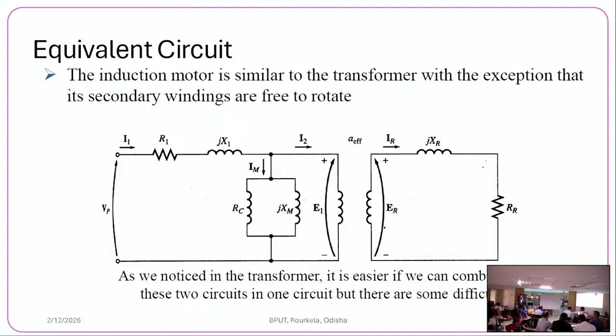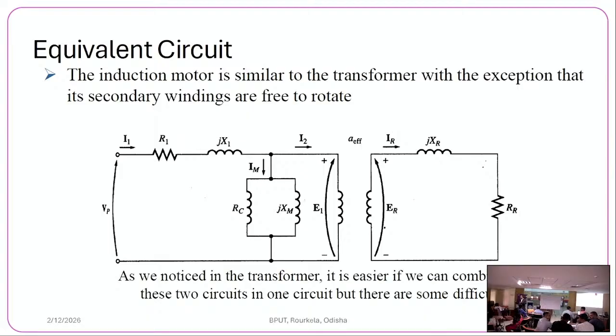In a transformer, both primary and secondary windings are fixed, not moving, but they are linked by one iron core. In the case of an induction motor, they are linked through an air gap. There is no iron core. Iron core is replaced by air gap.